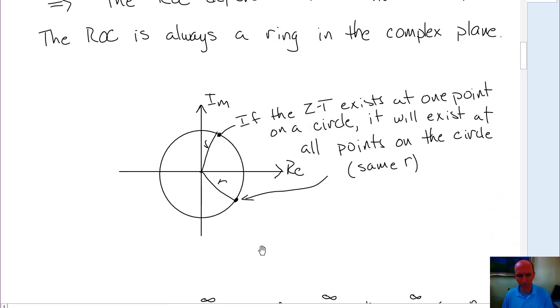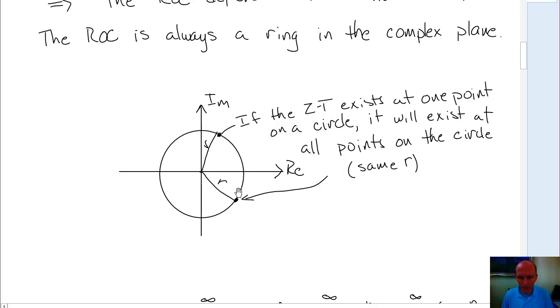Since it only depends on the magnitude, we can look at the following. Let's do a sketch. Suppose here we have the complex plane, the real axis and the imaginary axis. Let's say we have a point here, and the Z-transform exists at that point. In other words, the summation is finite. That point has some magnitude.